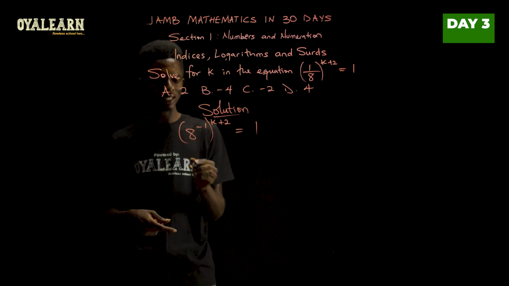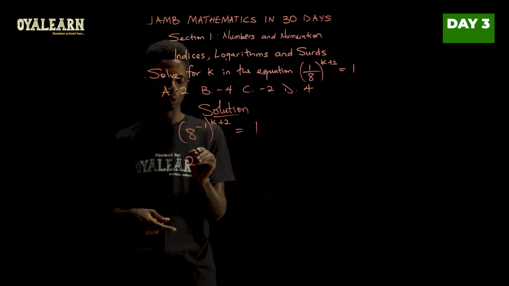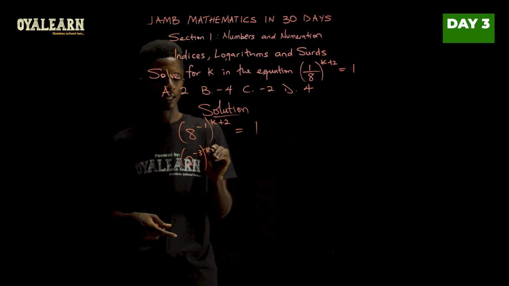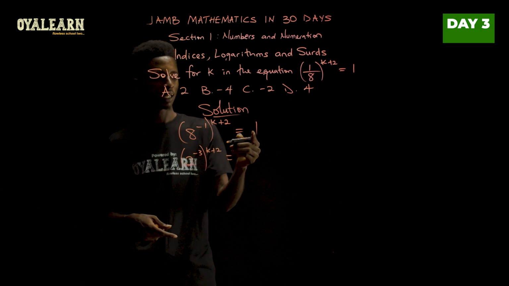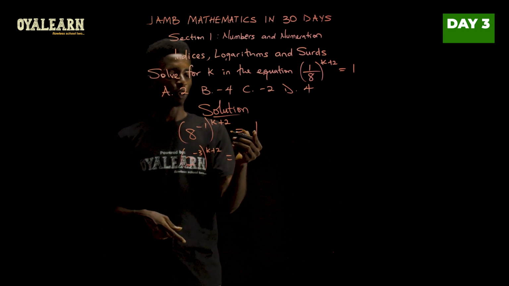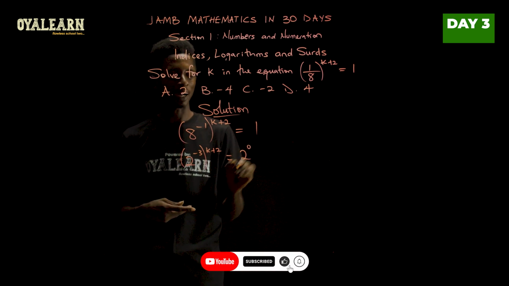So if we're writing that, this will imply that we are going to be having 2. Now, the 3 times minus 1 will be minus 3. Power of k plus 2 equals. Now, to bring this to 2, 2 raised to the power 0 is the same thing as 1. So we just write it as 2 with the power of 0.